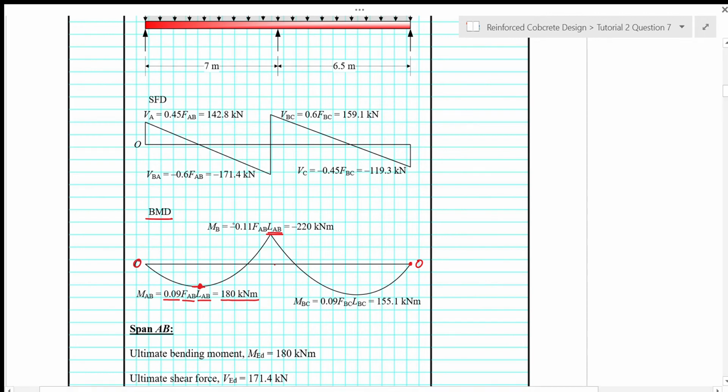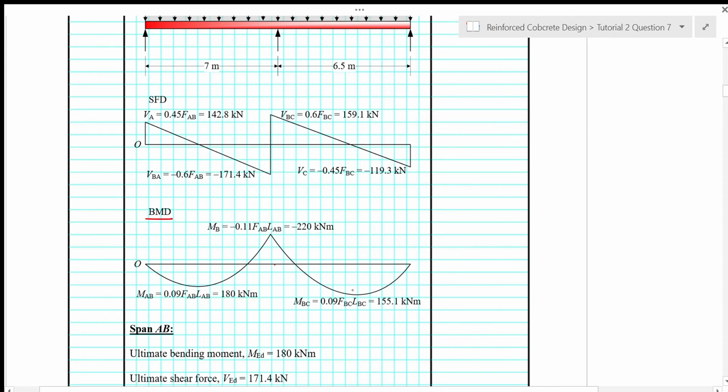So for MB, we have another value which is 0.11 FBC times LBC, but this one is a smaller moment as compared to the moment that we have calculated here. So we just use this moment of 0.11 FAB times LAB, which equals negative 220 kilonewton meter. It's negative because it's hogging moment.